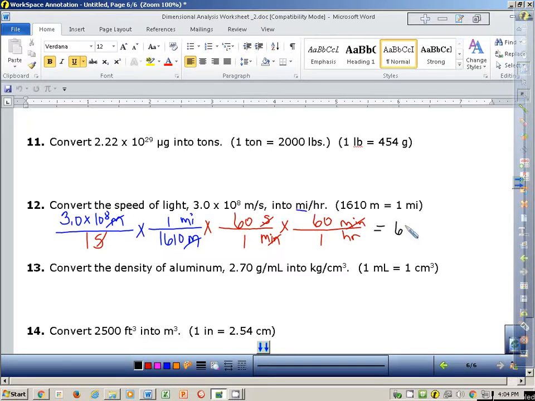It's 670,807,453.4 miles per hour, which is really fast, of course. That's 670,807,453 miles an hour, but it's the speed of light, and light travels really fast, so that makes sense. Okay, so 2 units is a little bit different from 1, but not that drastically.